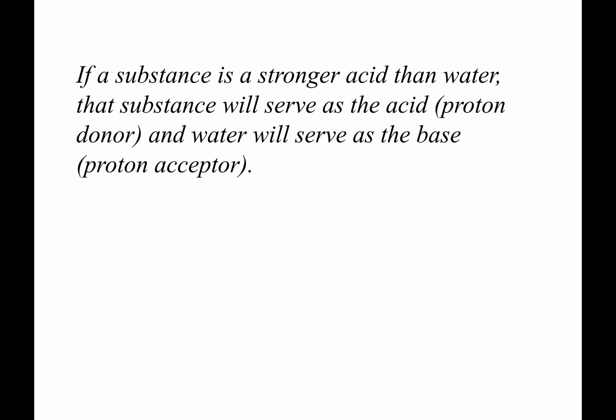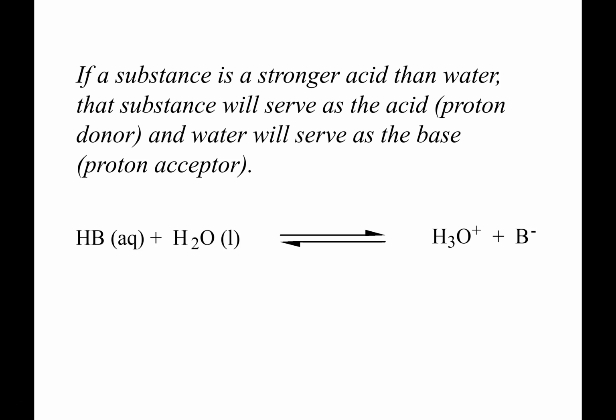So if given an option, a substance that's a stronger acid than water will serve as the proton donor if it's in water, and water will accept the proton it gives up. So this is what we talked about on Friday, where this is the weak acid, I'll put WA, or my HB.